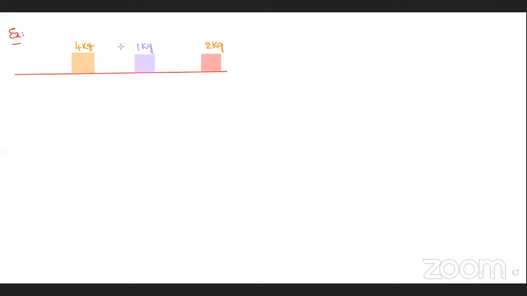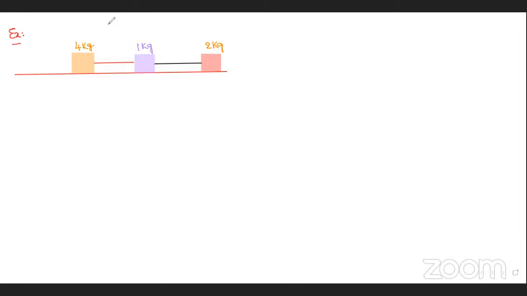And here these two are connected with a string, and here those two are connected with another string. So keep in mind, here we use two strings. That's why surely I think you have to calculate the tensions separately in the two strings.